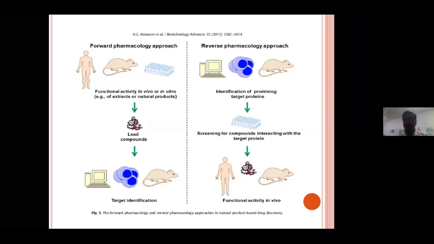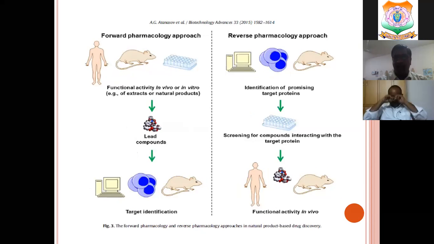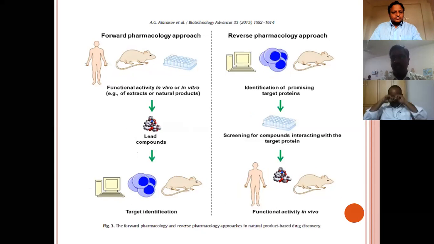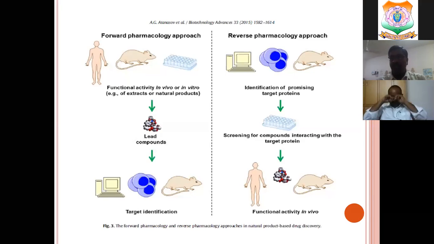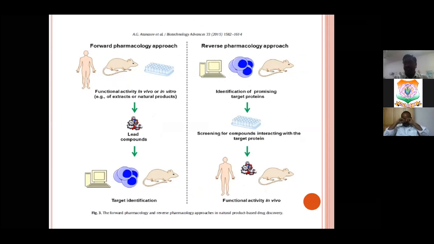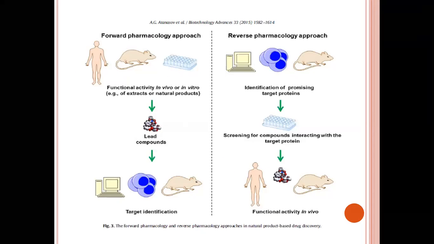After that, whichever compounds bind to that particular enzyme, I will take and separate them, and I will see that these are the compounds responsible for that particular enzyme inhibition. That is today's explanation, called the reverse pharmacology approach. This one is the forward pharmacological approach.